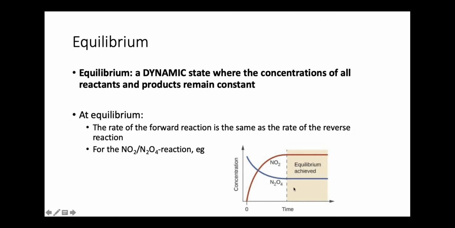But at some point you can see, along the y-axis of concentration, the concentrations are not changing anymore. So I still have my reaction, but the concentrations are not changing anymore. From this moment, I have an equilibrium.